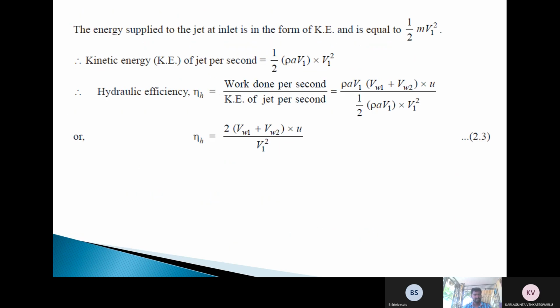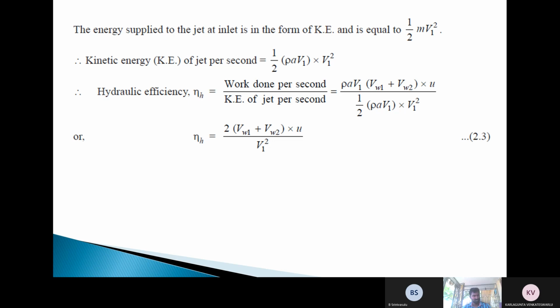Next, the kinetic energy of the jet per second is half m v square, where m means rho A V1, into V1 square, that is equal to half into rho A V1 cube.